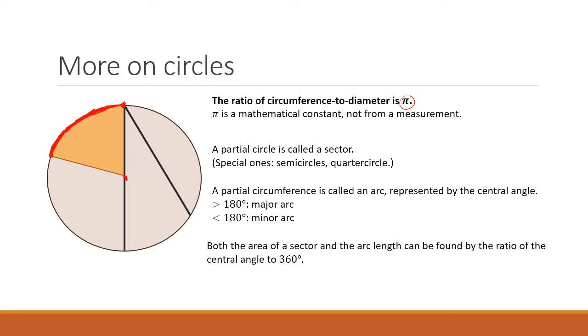How do I find the area of a sector and the length of the arc? Well, for the area, you will look at the ratio of the central angle to 360 degrees. So if this were, say, 75 degrees, then the area of the sector will be simply 75 degrees over 360 degrees times the area of the circle.